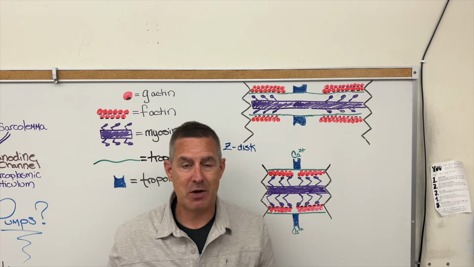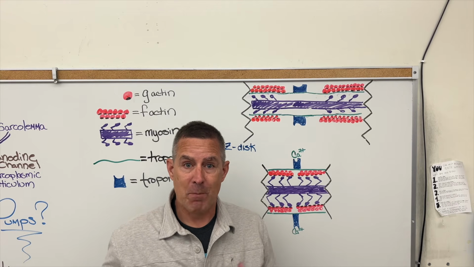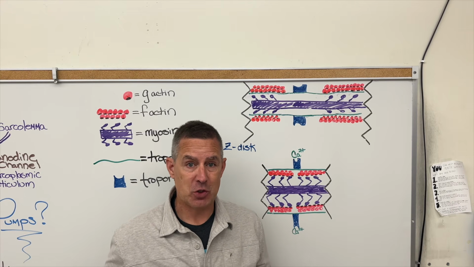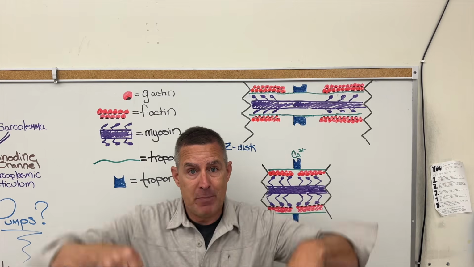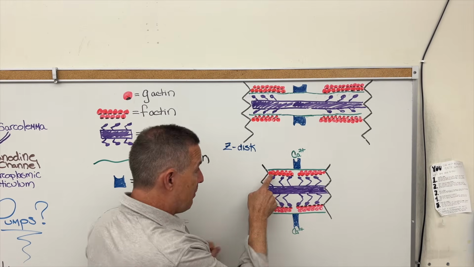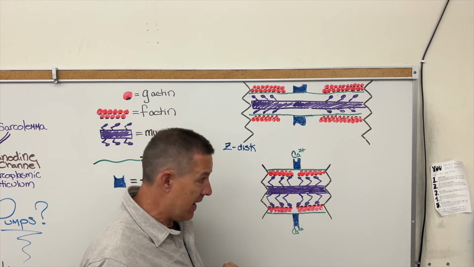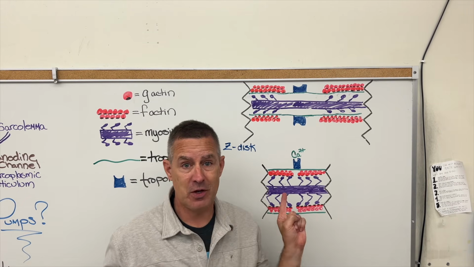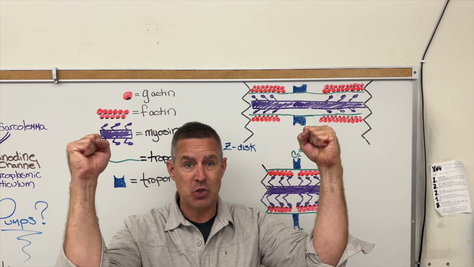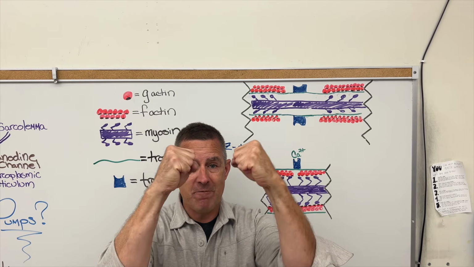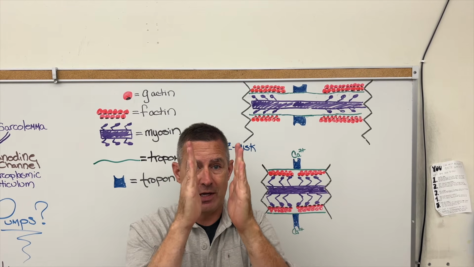But please understand, when calcium binds to troponin, troponin undergoes a conformational change, and that conformational change takes tropomyosin and pulls it out of the way, liberating the binding site for the myosin head. The myosin head then grabs a thin filament. Specifically, the myosin head grabs individual G-actin molecules and fires, and then we get shortening of the muscle.